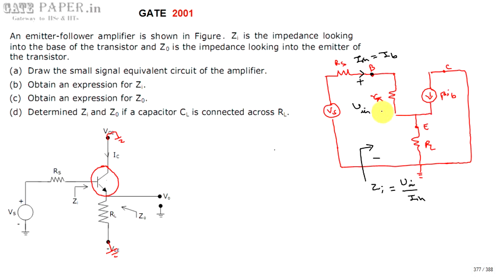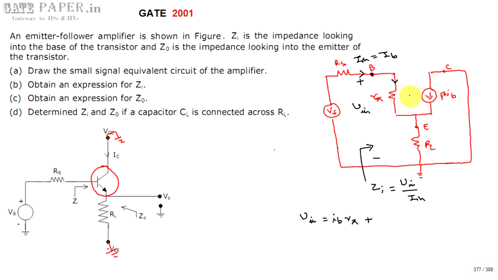Okay, and V input is the voltage drop across R pi plus the voltage drop across RL. So you can write V input is equal to the voltage drop across R pi, with current flowing through it IB, so IB times R pi, plus the voltage drop across RL.